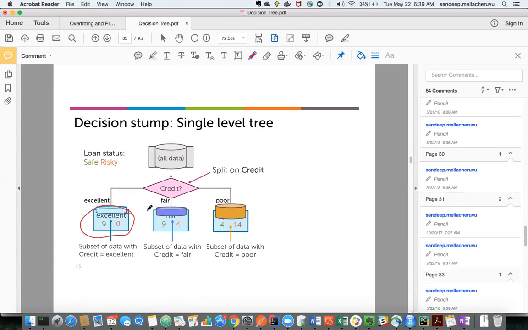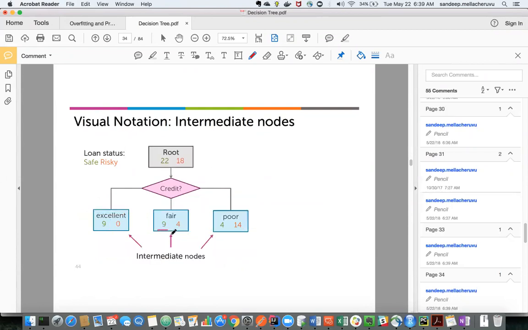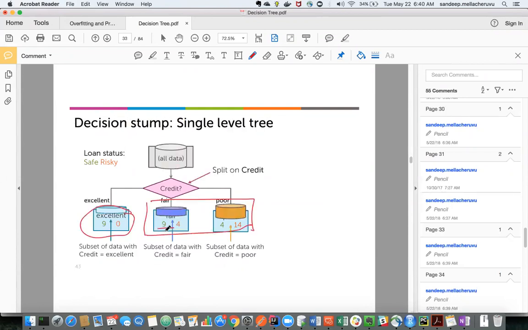But the other two branches are not so good, because these two are impure nodes. Impure nodes are something that I don't have the proper split. I cannot tell if it is a safe loan or risky loan. Probably I can go by the majority class. In this case, I can say safe loan. In this case, I can say risky loan.